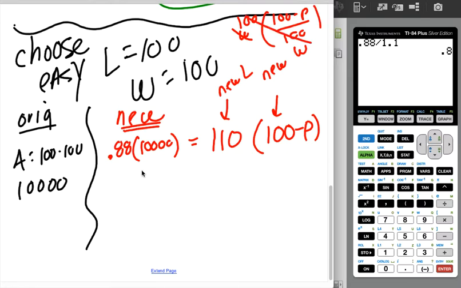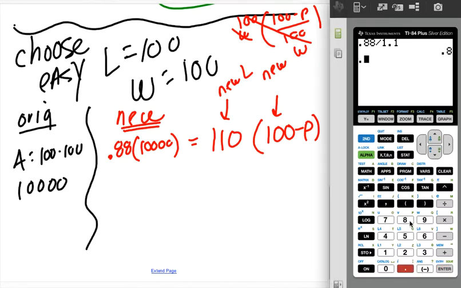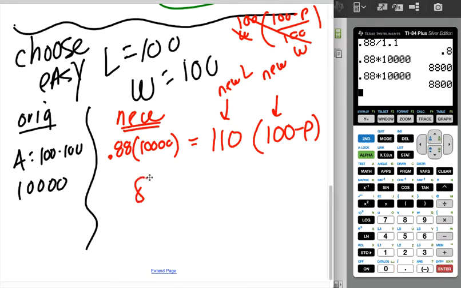So what I end up getting is that if we do 0.88 times 100 and 2 more zeros, we're going to get this, and then we can solve the same way we solved before.